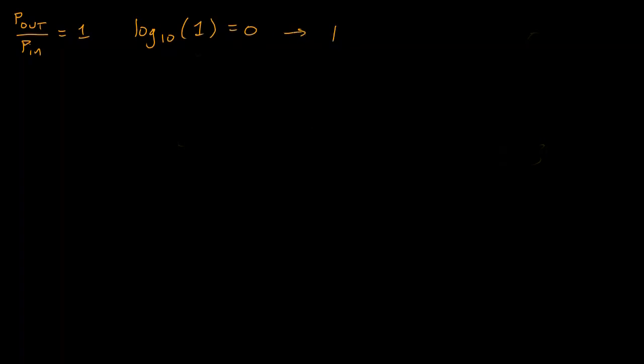Therefore, 10 times the log base 10 of 1 is 10 times 0, which is 0 decibels. So that's what we have in the case when the input and output power are the same. The gain in decibels is 0 dB. The gain unitless is just P out over P in, which is 1.